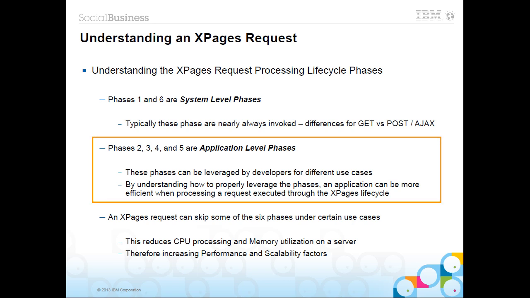Phases 2, 3, 4, and 5 are known as application-level phases. These phases can be leveraged by application developers for different use cases. By understanding how to properly leverage these phases, an application can be more efficient when processing a request executed through the XPages Request Processing Lifecycle.